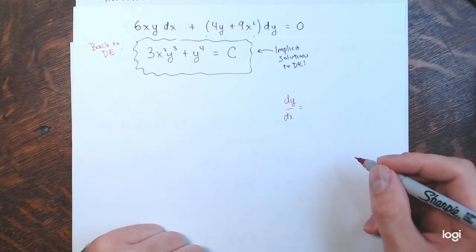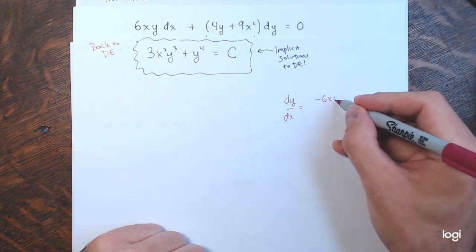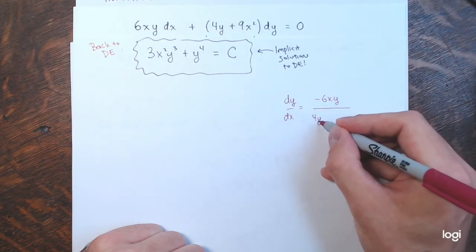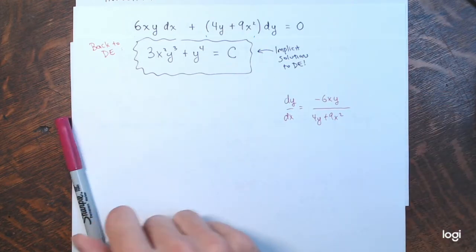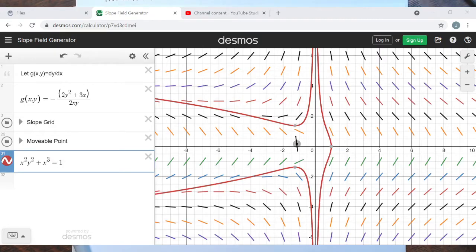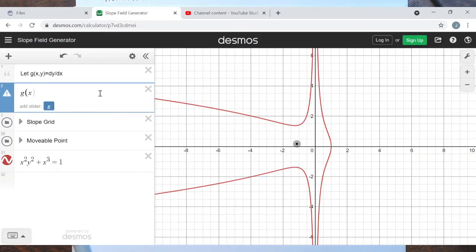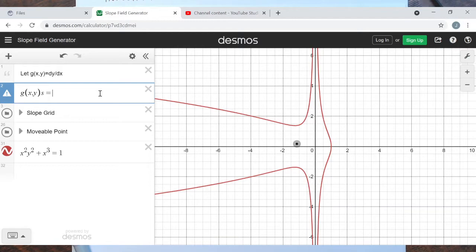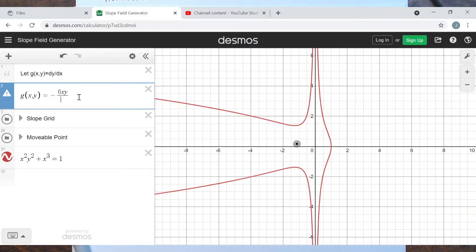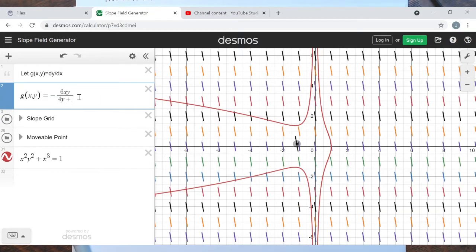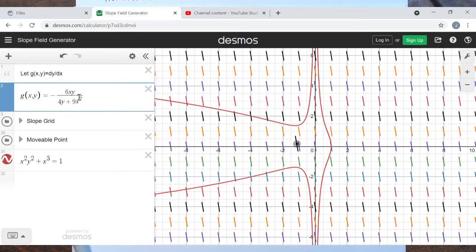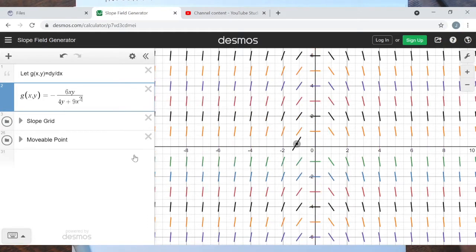Now dy dx would be negative 6xy divided by 4y plus 9x squared. So let's enter this into my slope field generator and see what that looks like.